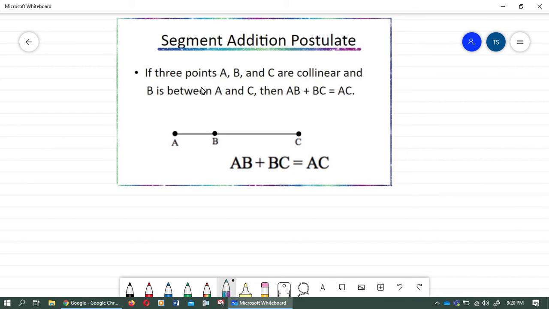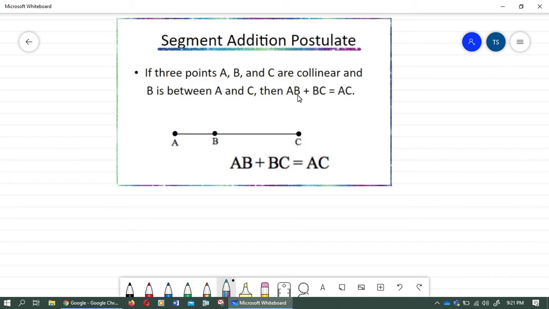So if 3 points A, B, and C are collinear, and point B is between A and C, okay? Good so far, right? Then what must be true is that AB, remember guys, I just told you that when you have two capital letters written like that without the symbol on top, they're referring to the length of segment AB.